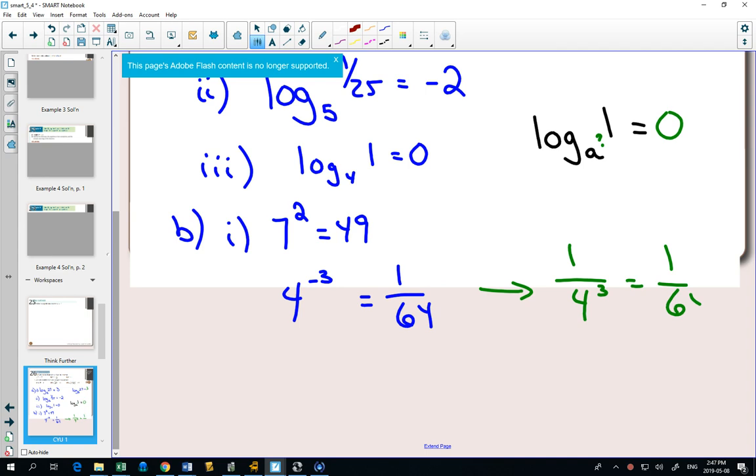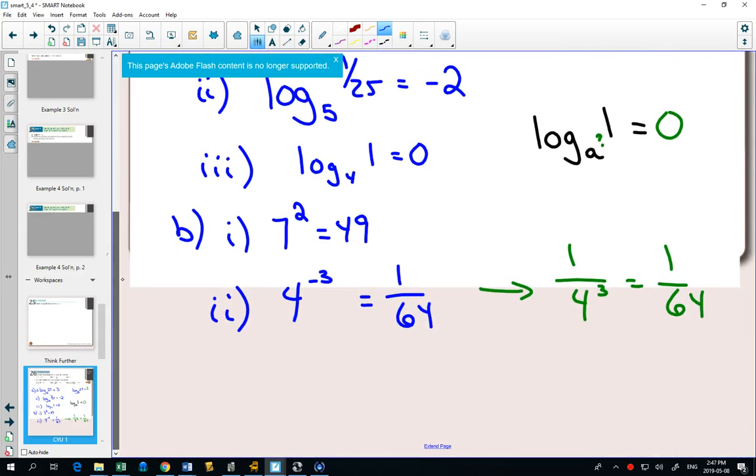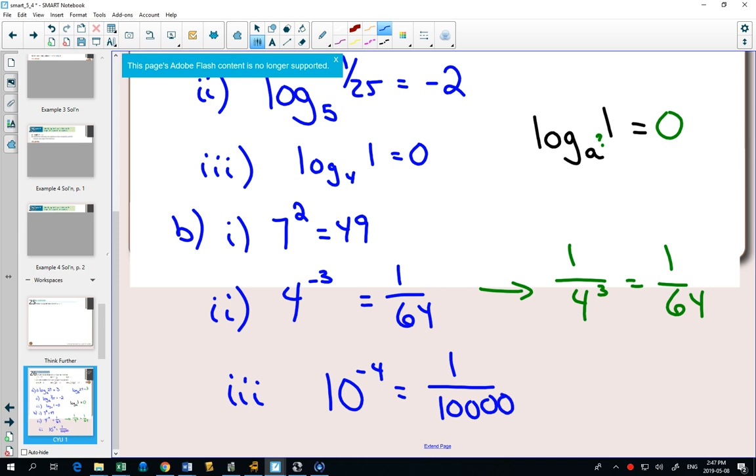Oh yeah, that really makes, if I change 4 to the -3 to 1/4 cubed, then it makes even more sense for me. And the third one, log 10 of 1/10,000th equals -4. So 10 to the -4 is 1/10,000.